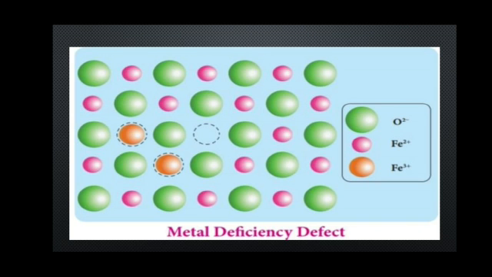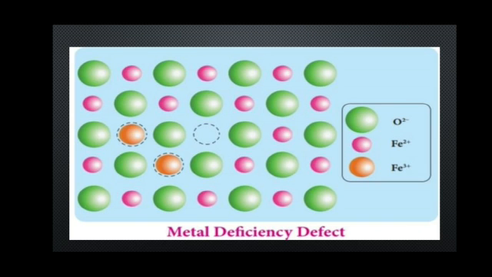In the iron oxide structure, the green ball represents the O2 minus ion, the pink ball represents the Fe2 plus ion, and the orange ball represents the Fe3 plus ion. Here, instead of Fe2 plus ions, we are replacing with Fe3 plus ions in order to counterbalance the O2 minus ions.